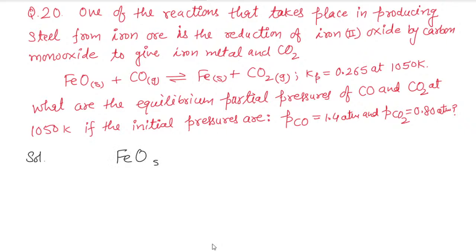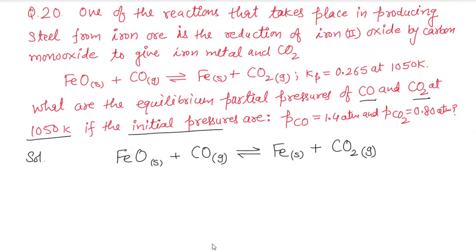It is FeO solid plus CO gas to give Fe solid plus CO2 gas. Now see, what are the equilibrium pressures of CO and CO2 at 1050 Kelvin, if the initial pressures are: pressure of CO is 1.4 and pressure of CO2 is 0.8.